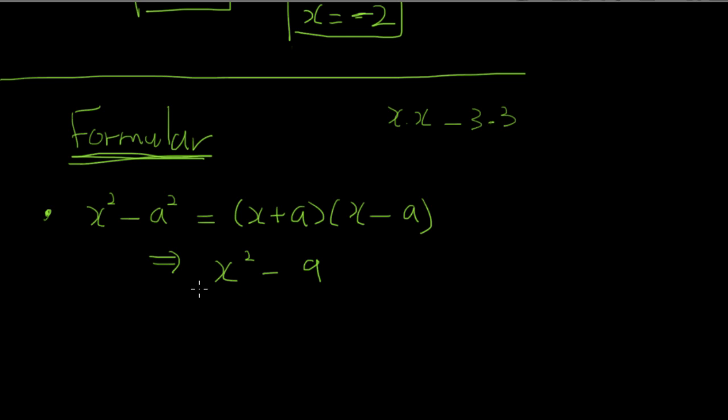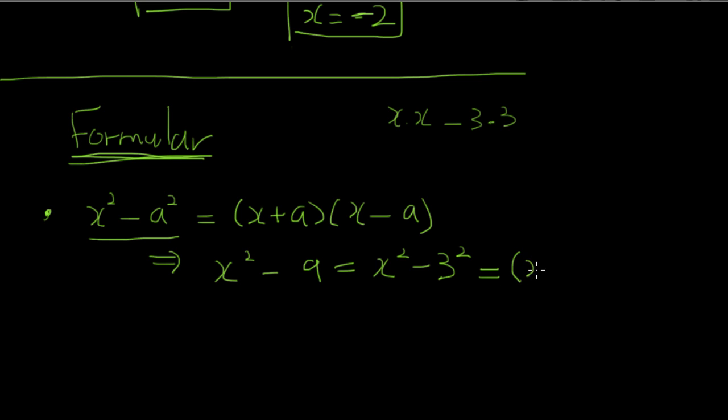This is factorable. If you recognize this as x squared minus 3 squared, because 9 is 3 squared, that's exactly in this form. So our x is x. What's our a? Our a is 3. Then what's the answer?